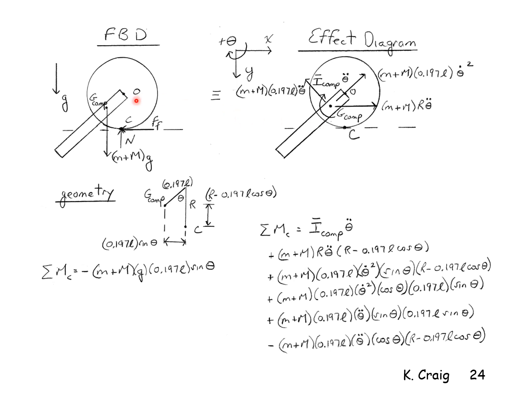In order to use the composite center of mass, you first have to find the location of the composite center of mass. Again, I've shown the geometry here that we need for these distances. If I sum moments about C on the free body diagram, I get this expression. If I sum moments about C on the effect diagram, I get this expression.